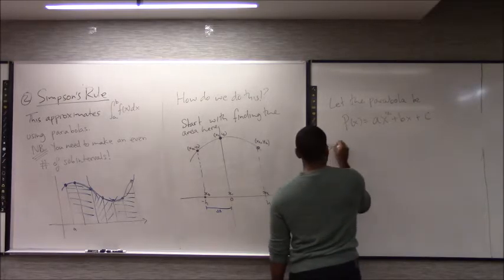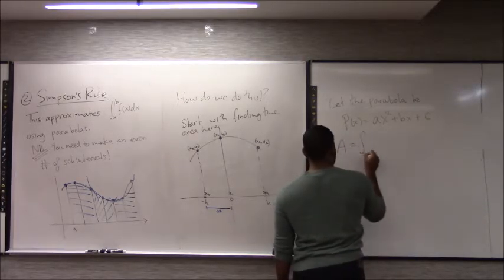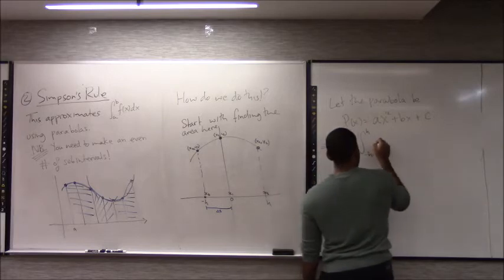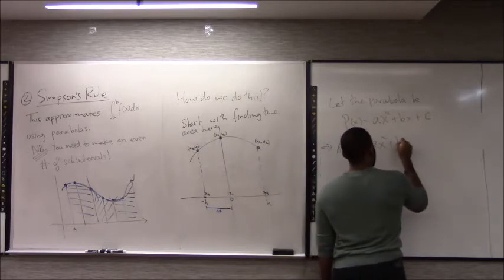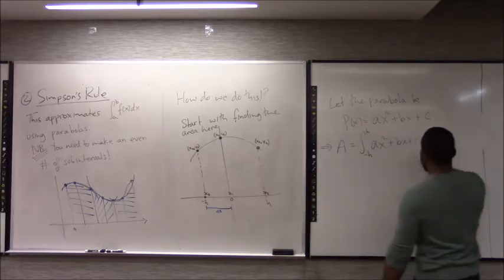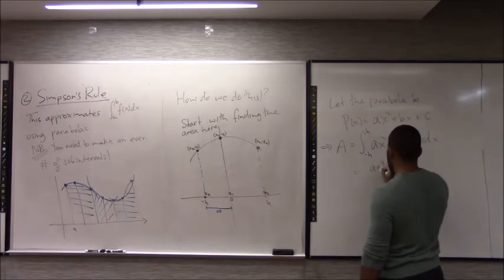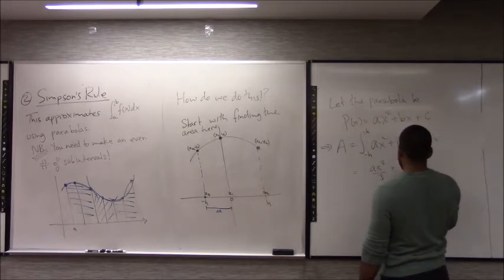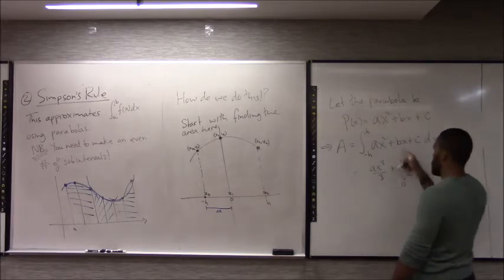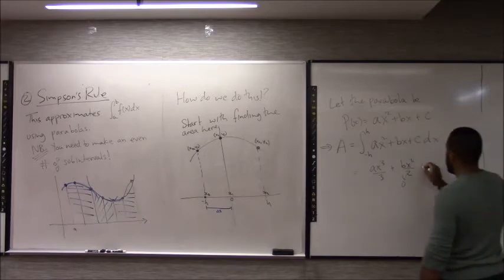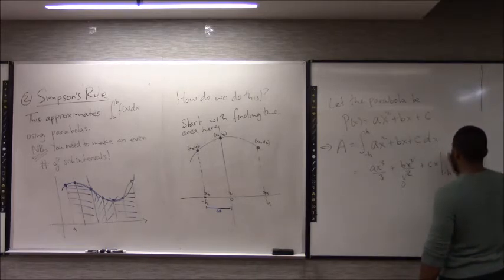Then this means the area under the parabola is going to be the antiderivative from minus h to h of ax squared plus bx plus c. So I can find this is ax cubed over 3 plus bx squared over 2, which by the way, is going to cancel, that's not a function over a balanced interval, plus cx between minus h and h.